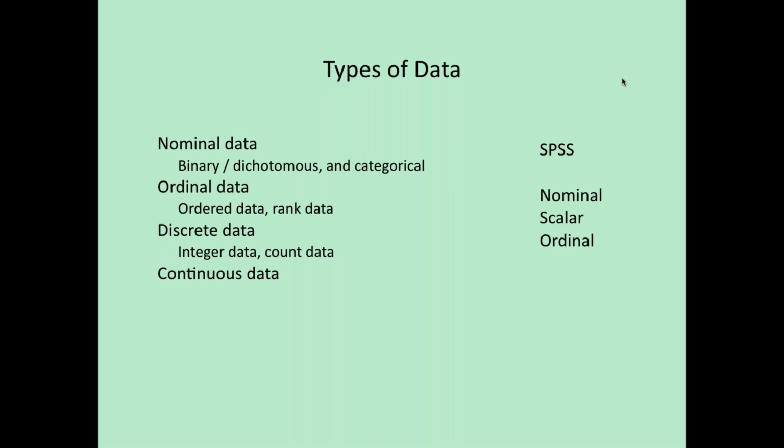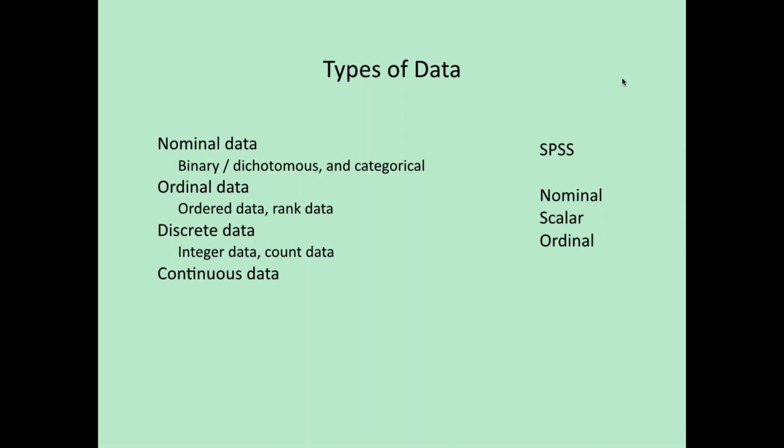The reason why this is the first thing that we're covering here, this idea of data types or variable types, is because the type of variable, the type of information that we're dealing with impacts how we're going to analyze it, what kind of tests we're going to use, how we're going to organize the data, how we're going to display it graphically, and so on and so forth. Okay, so what kind of data types are we working with?